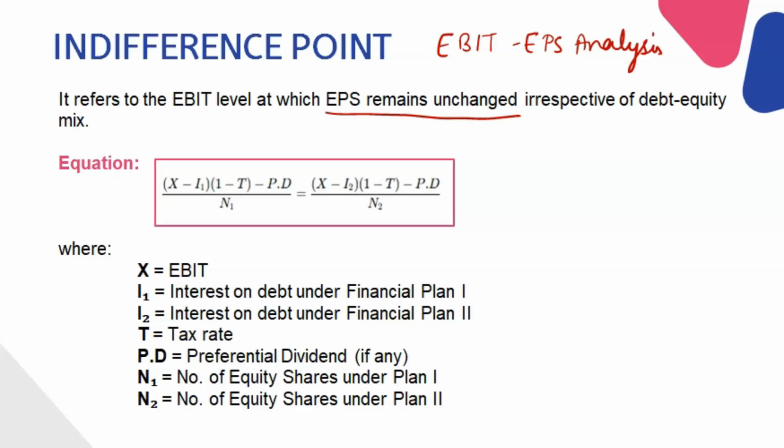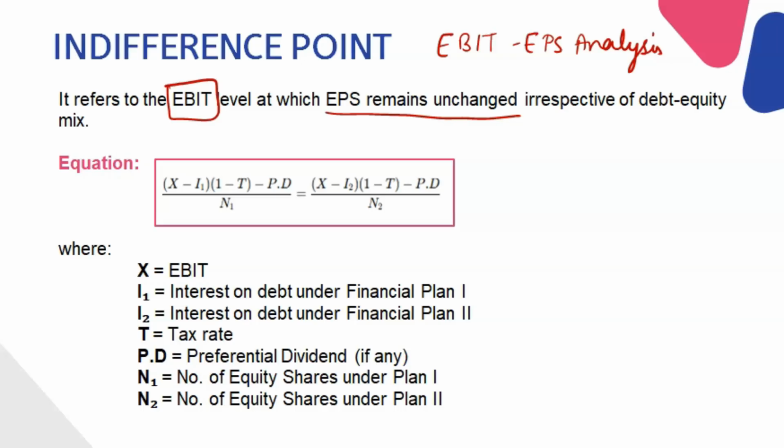Now here indifference point is about when EPS should be the same. When we have to keep the same EPS, what should be the EBIT level? Means what value we should put in EBIT so that EPS will remain the same for all the alternatives.